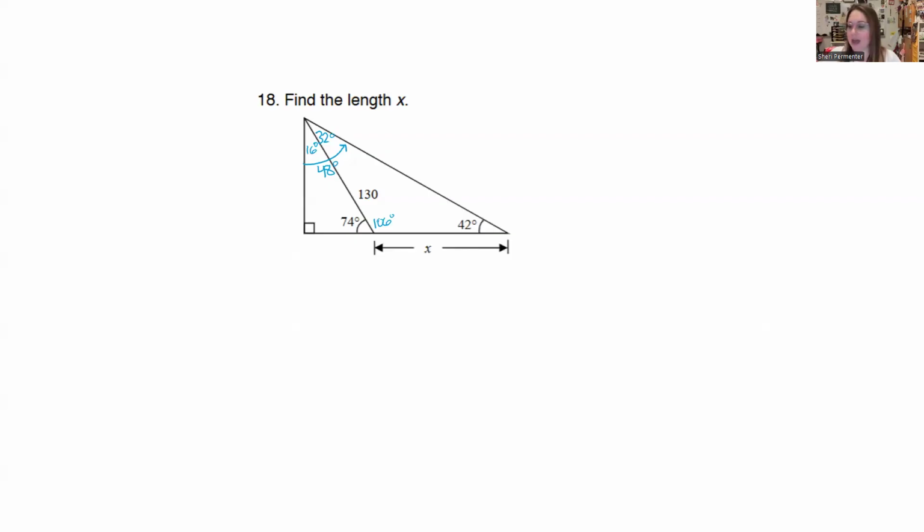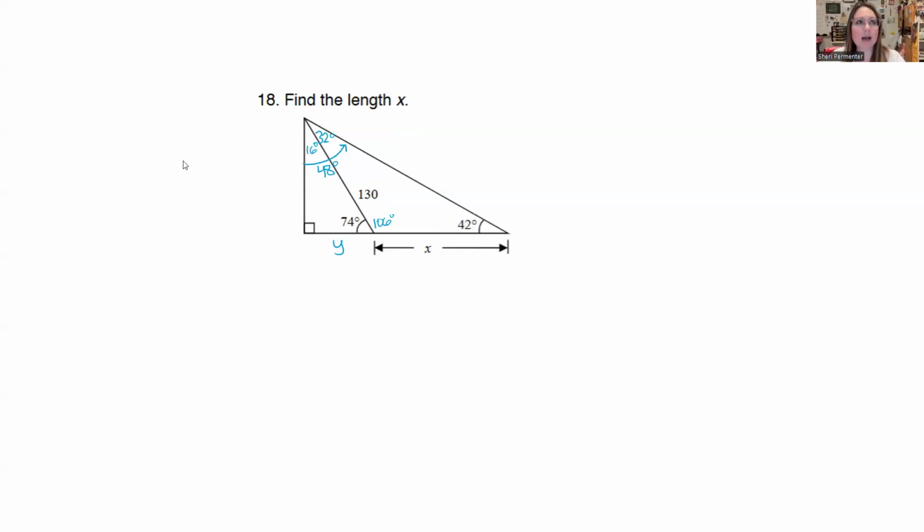And so to do that, I need to figure out this length right here, which I can do already because I know this hypotenuse. I could figure out this piece right here. I could call it y. Doesn't really matter.